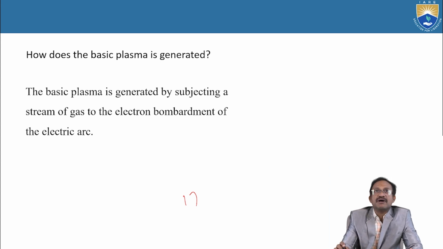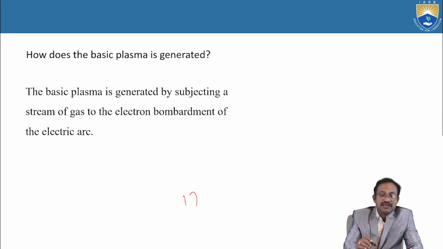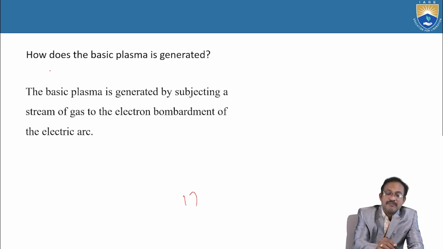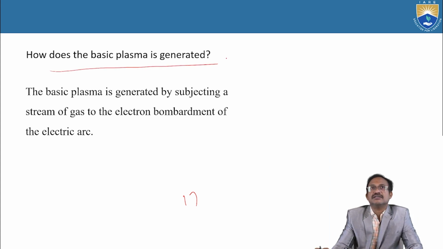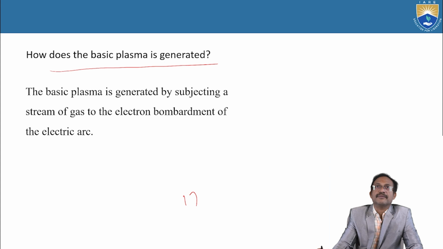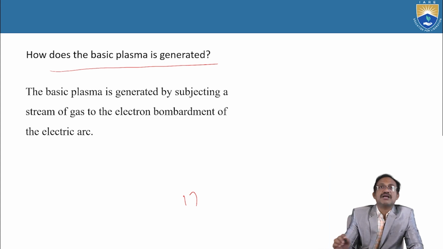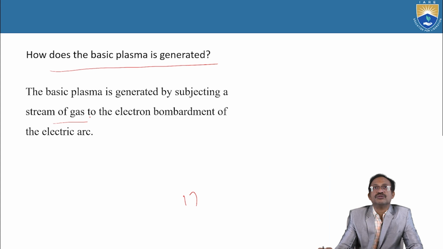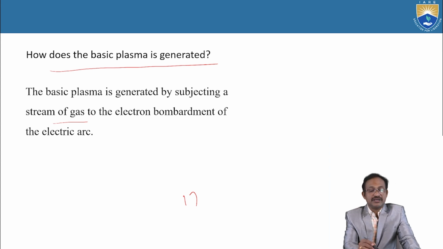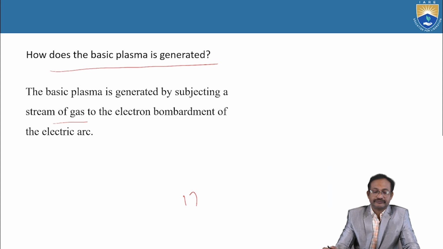The basic plasma is generated by subjecting a stream of gas to the electron bombardment of the electric arc.